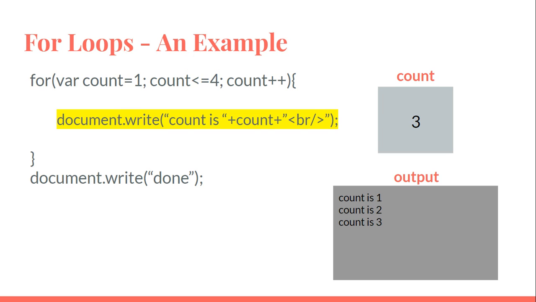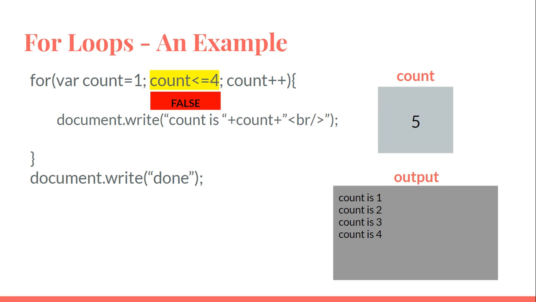So we run the body, we increment, count is now 4. 4 is less than or equal to 4. We run the body, we increment, count is now 5. 5 is not less than or equal to 4, so we do not run the body. We go to the end of the loop and we continue with the rest of the program, and that will then write "done."